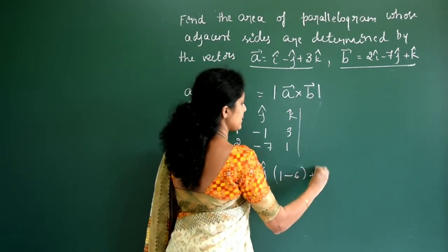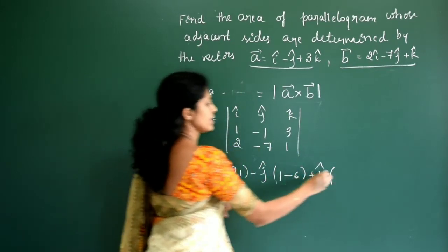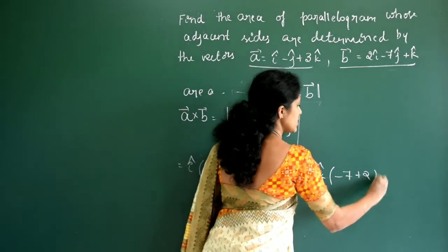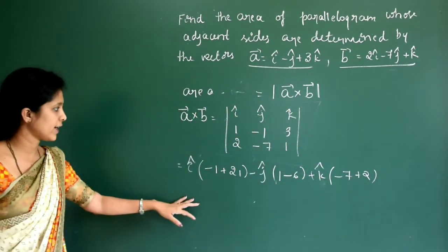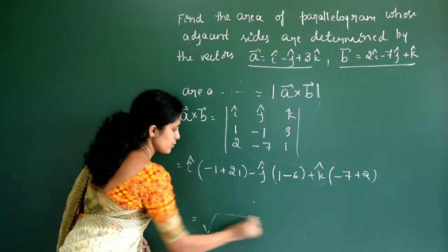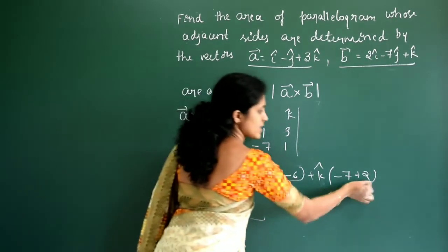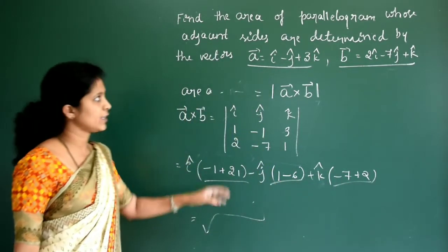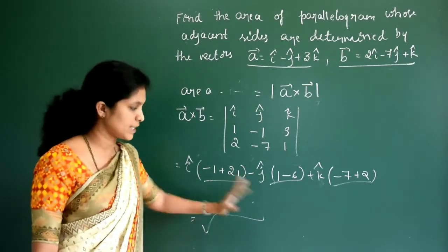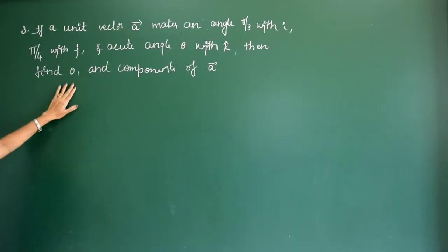Plus K cap into, so this -7 and plus 2. Then you simplify, okay? Simplify and find the magnitude of that. Root of square of this value, square of this and square of this, so that you will get the area of the parallelogram. Complete this, simple it is. Read the question carefully and try to understand it.